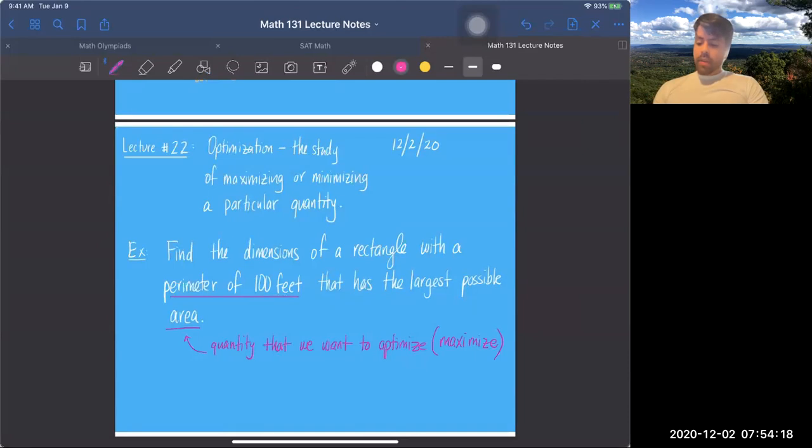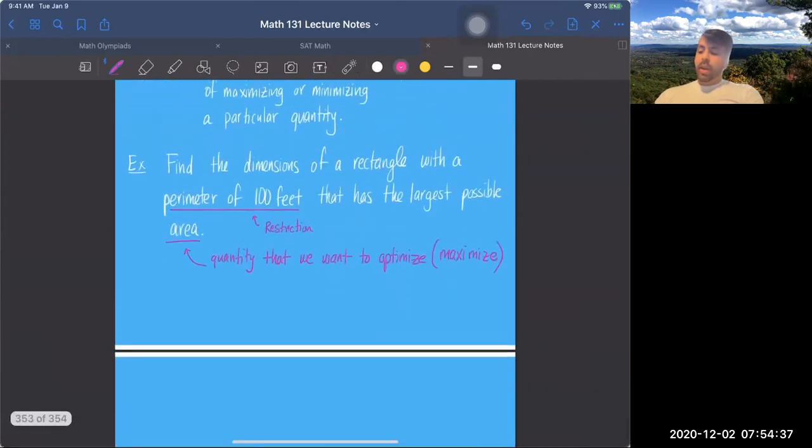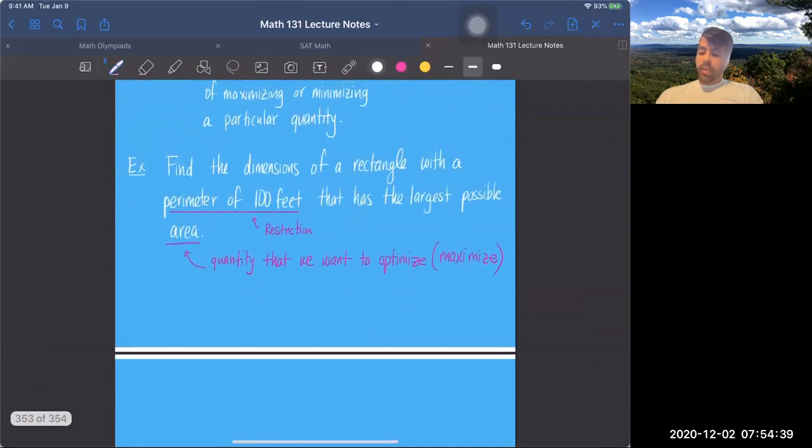Now you're going to have to consider what the restrictions are. So this is my restriction or my condition. My condition is that the perimeter must be 100 feet. So far, this is what we have. And Santiago had a great point. Why don't we sketch the figure?